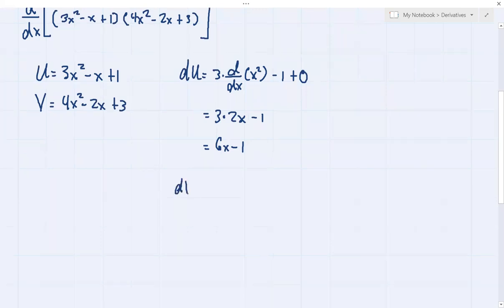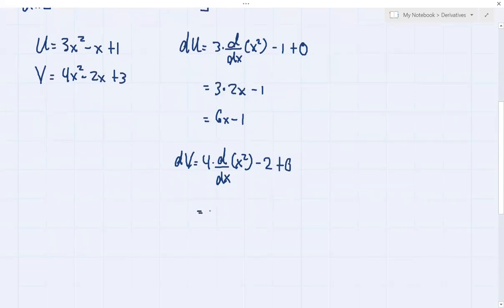Now, let's go to your dv. Anong derivative ng 4x squared minus 2x plus 3? So, let's start with the first term. Anong derivative ng 4x squared? So, we will have 4 times the derivative of x squared minus derivative ng 2x ay negative 2 plus derivative ng 3 ay 0.